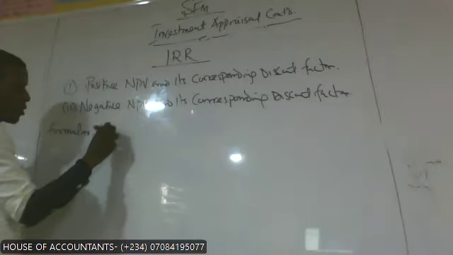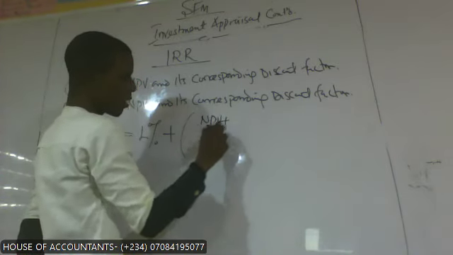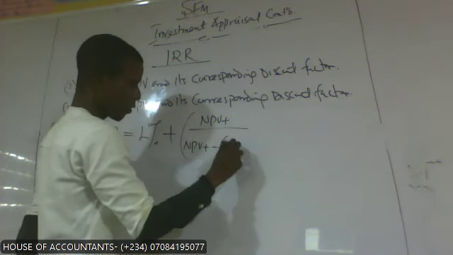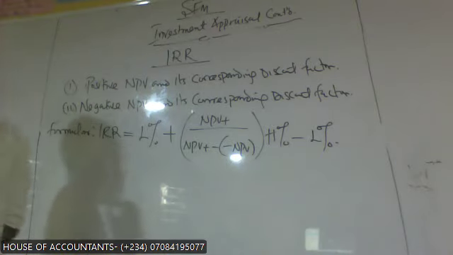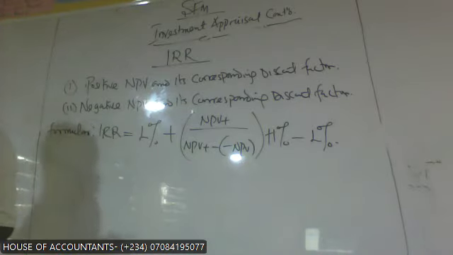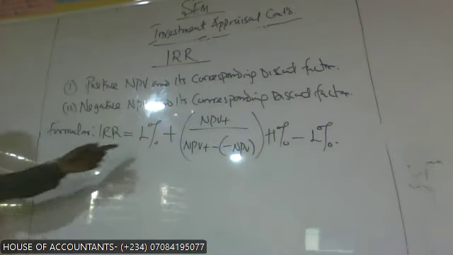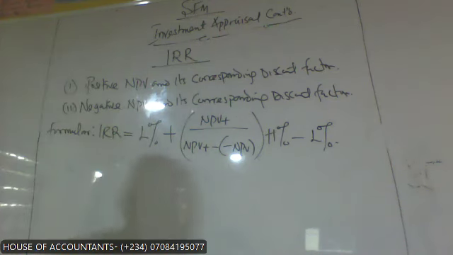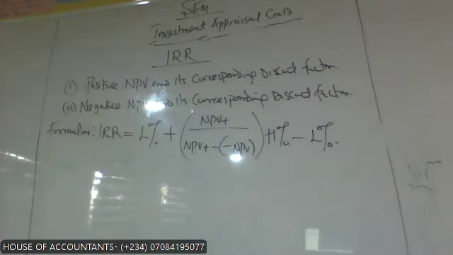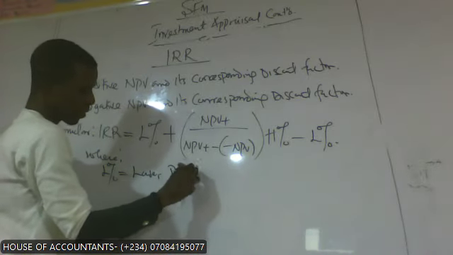The IRR formula is: lower percentage plus NPV positive divided by NPV positive minus NPV negative, multiplied by the difference in percentages. But it's not hard now. The first percentage is the lower percentage.